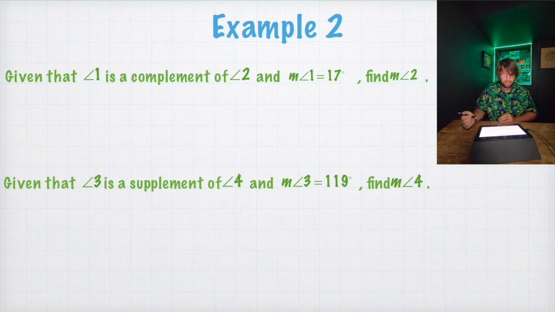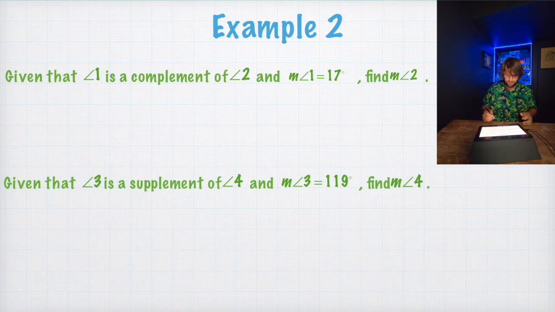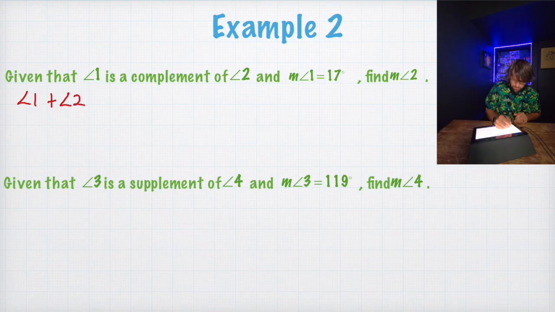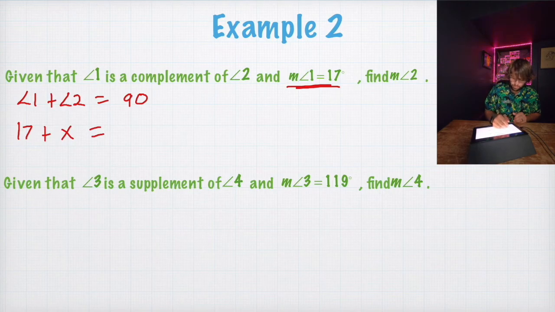Example 2. Given that angle 1 is a complement of angle 2 and the measure of angle 1 is 17 degrees, find the measure of angle 2. So when it says angle 1 is a complement of angle 2, that means that they're going to be complementary angles. So we know that angle 1 plus angle 2 is going to equal 90 degrees. We also know that the measure of angle 1 is 17. We don't know the measure of angle 2, so we'll call that x at this point.